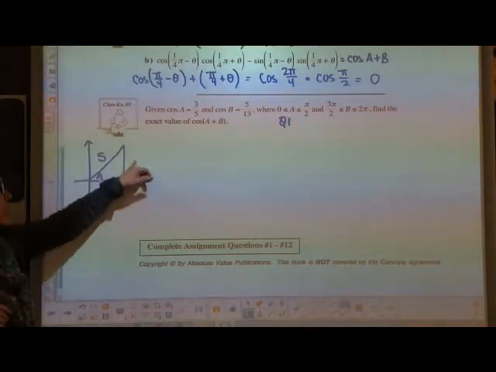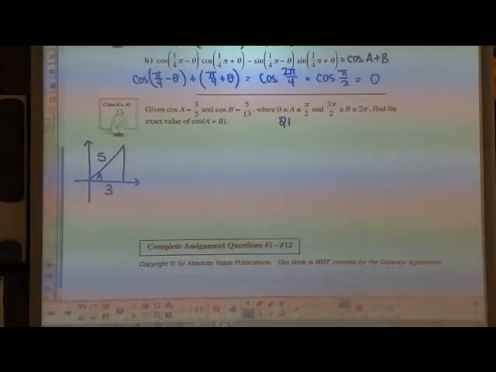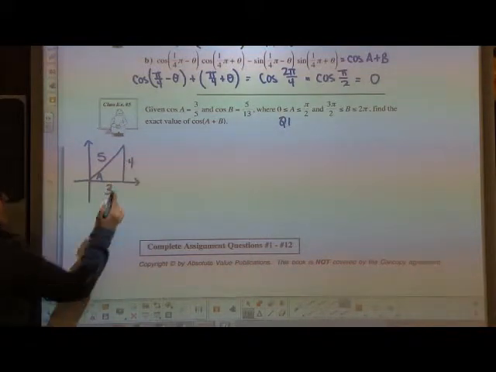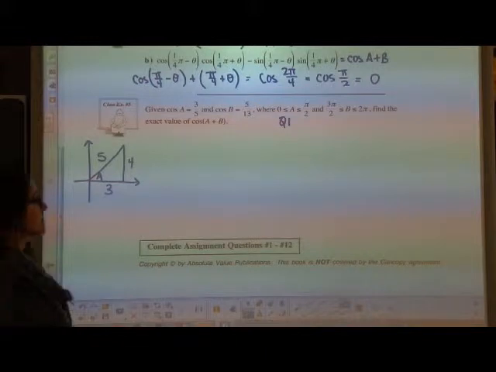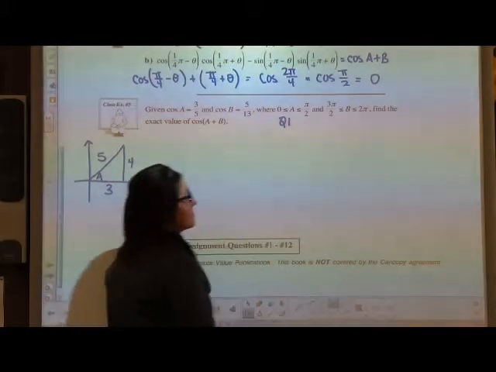Can I solve for the opposite side? How? 5 squared minus 3 squared. So 25 minus 9 is 16, square root of 16 is 4. Good job. Okay, so that's angle A.